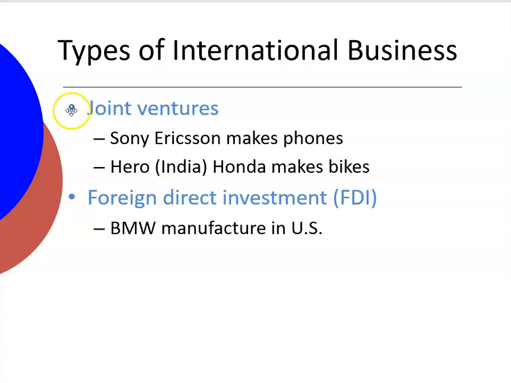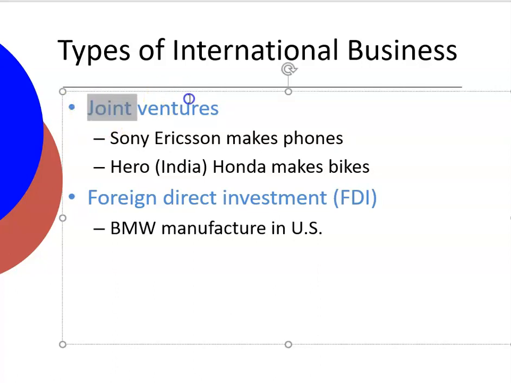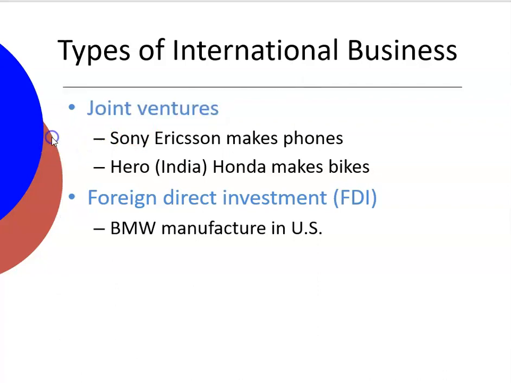This is the way that China allows foreign investors today to invest in their country. You can't set up your own business in China. You have to at least do a joint venture with a Chinese company. And foreign direct investment means somebody puts their money here, like BMW puts in a factory here in the United States.